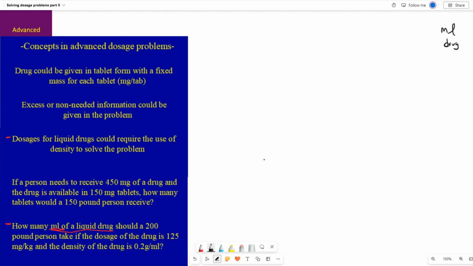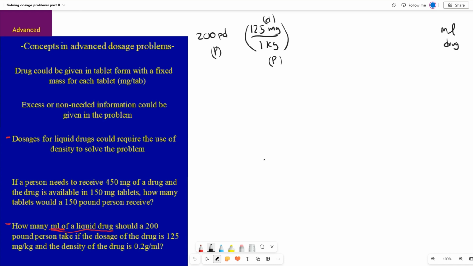So we're given that the person is 200 pounds. And we're given that the dose is 125 milligrams per kilogram. This is mass of drug up here. This is mass of person down here. And this is mass of a person here.